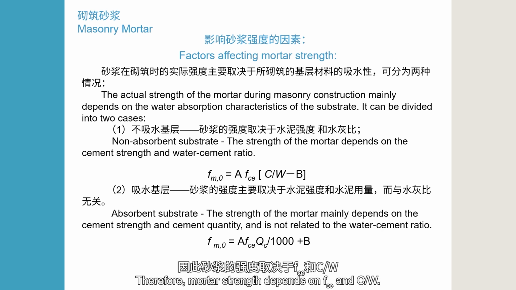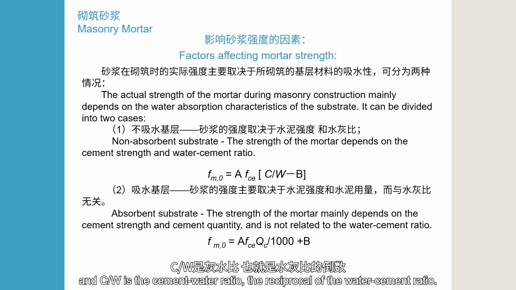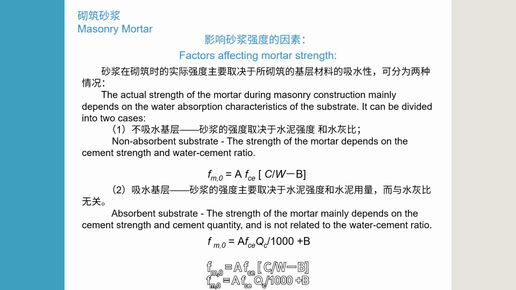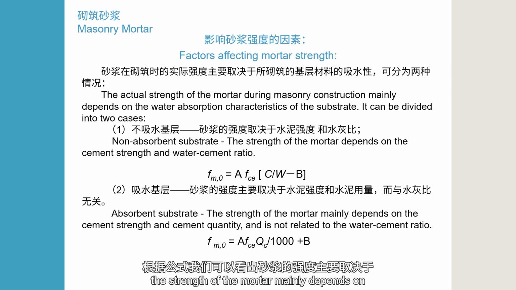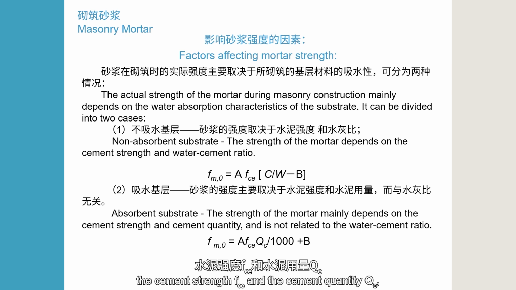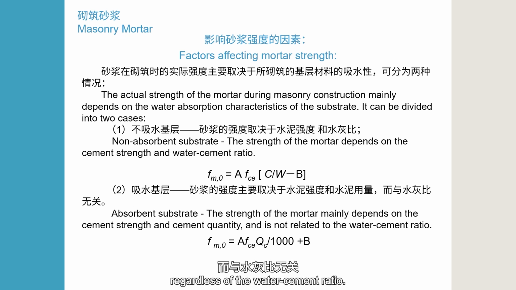Therefore, mortar strength depends on FCE and C divided by W. FCE is the actual strength of cement at 28 days, and C divided by W is the cement-water ratio, the reciprocal of the water-cement ratio. When the substrate absorbs water, the strength of the mortar mainly depends on the cement strength, FCE, and the cement quantity, QC, regardless of the water-cement ratio. Because the substrate absorbs water, it changes the water-cement ratio of the mortar, thereby affecting the strength of the mortar.